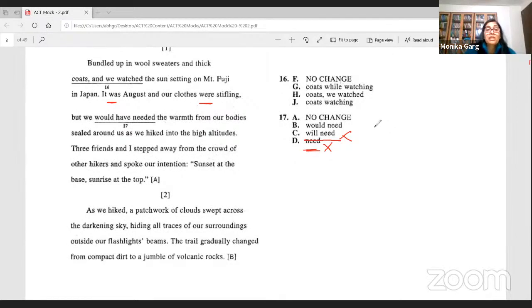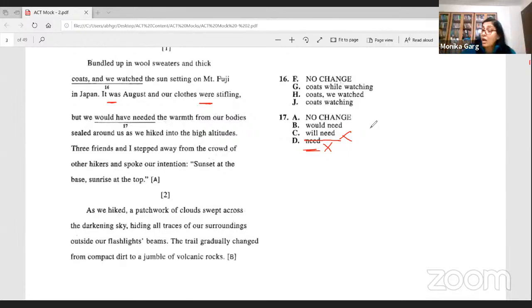Now choosing between A and B, would have needed is a conditional, something that could have happened and did not happen. So you're not talking of any conditional, you're simply saying something that was to happen at that time. I mean, you would need clothes.